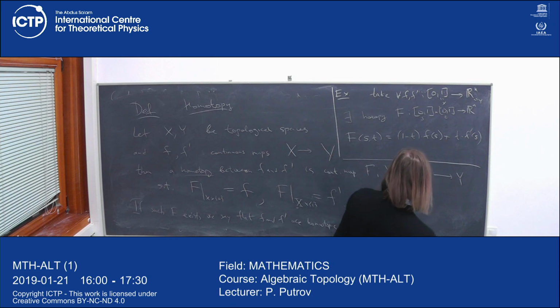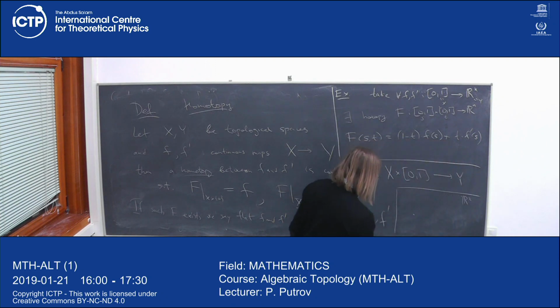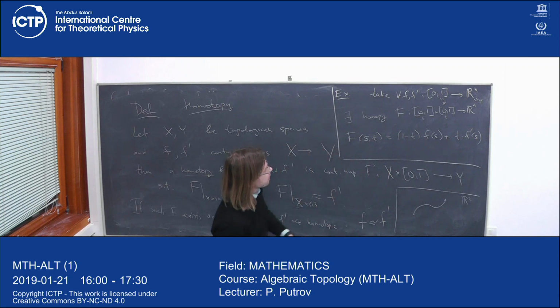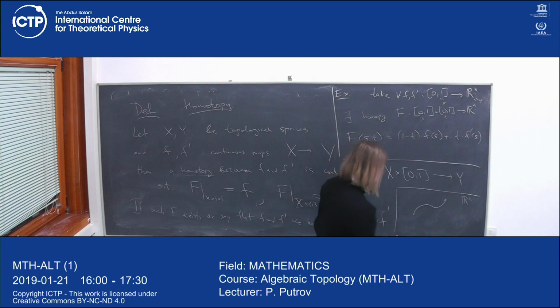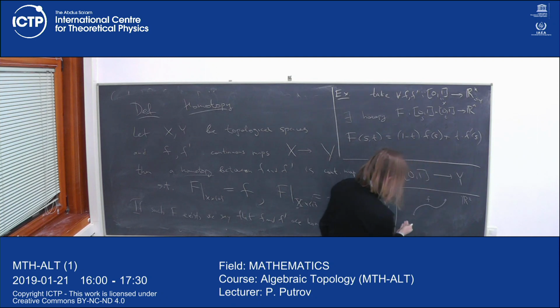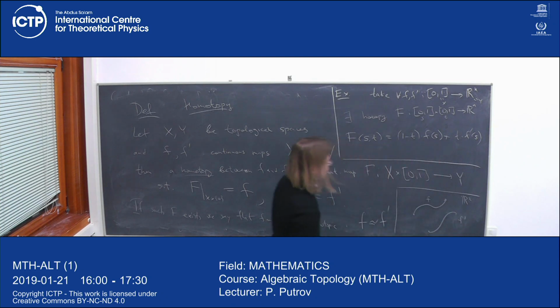So you can visualize it as follows. Suppose I have R^2, a plane, so the map from the interval to R^2 is some path. I can assign some path, and this is the image of my interval under map f. This is the image of the interval under map f prime.